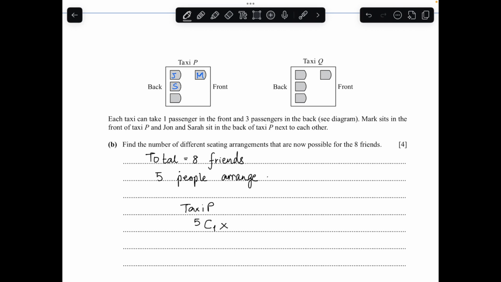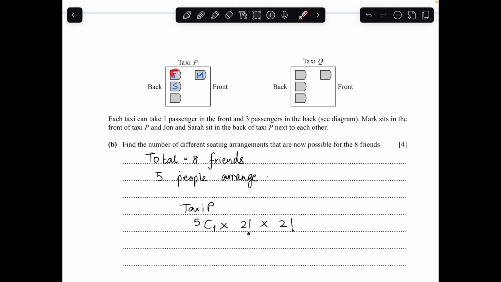Again, John and Sarah are sitting next to each other, but they could sit here or they could sit here. Depends. So there are 2 factorial ways for John and Sarah to sit, times John and Sarah could switch amongst themselves.